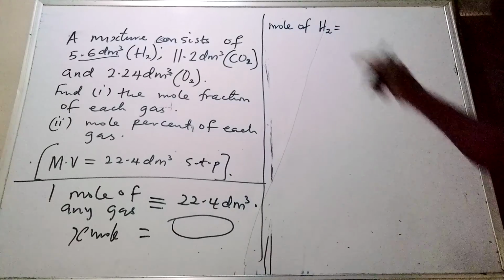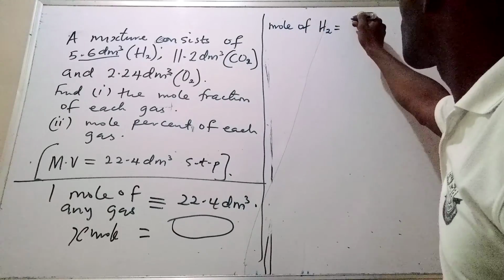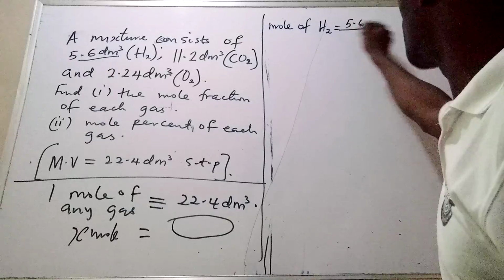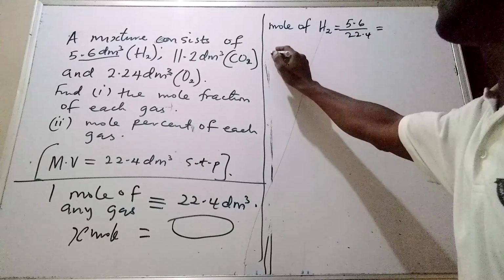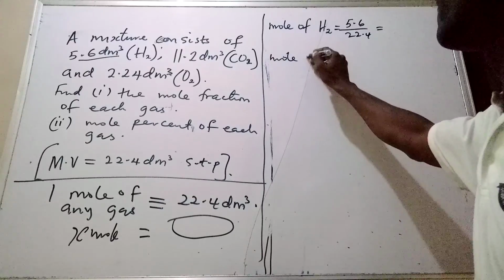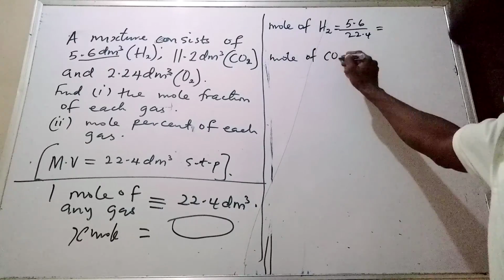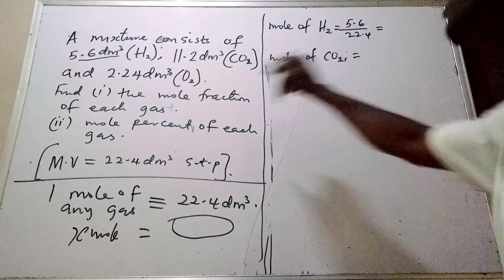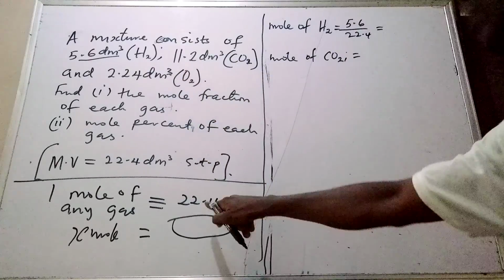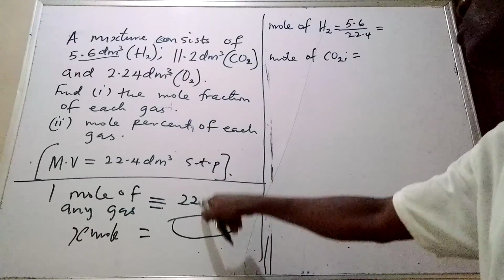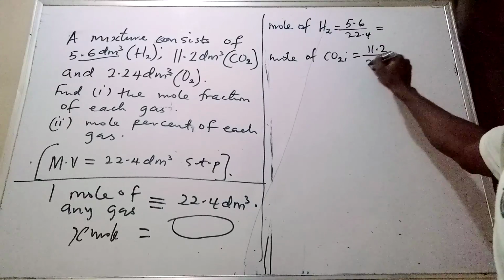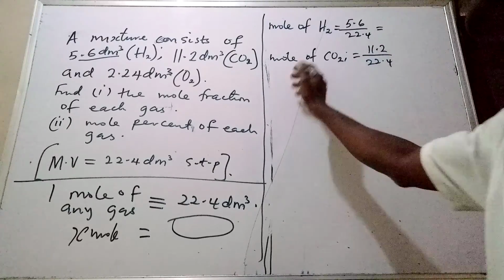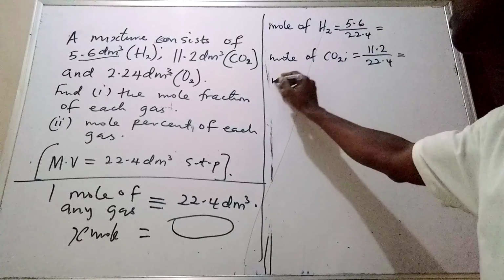That means mole of hydrogen will be 5.6 divided by 22.4. We'll calculate that. Mole of CO2, that's carbon dioxide also, is 11.2, which is not up to 22.4. That means it cannot be up to 1 mole. So that will be 11.2 over 22.4. Let's see what that is going to give us.